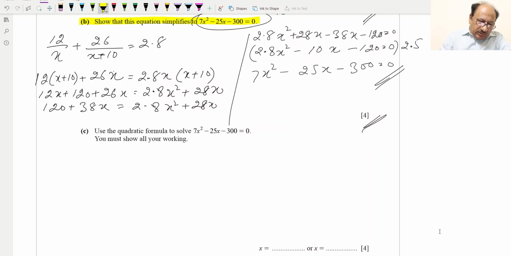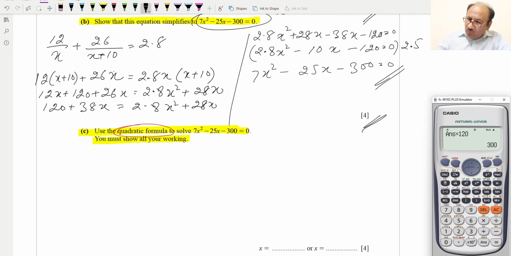Then the C part: use the quadratic formula to solve this equation. Now you are bound to use the quadratic formula. You cannot use any other format. But before solving this question, we can check the answer.